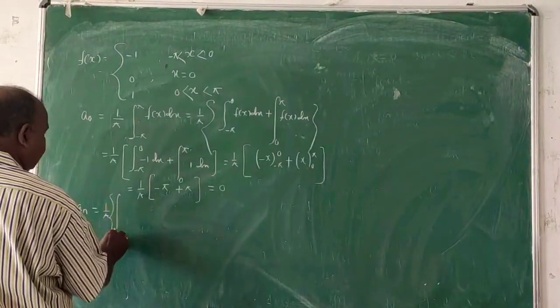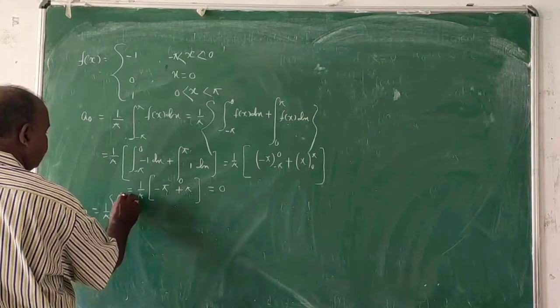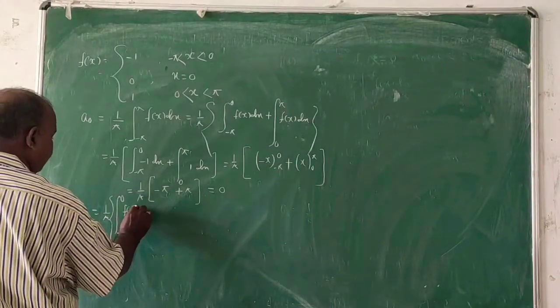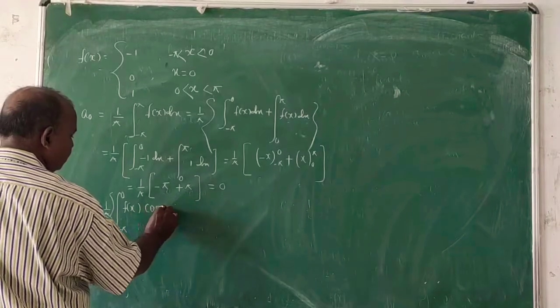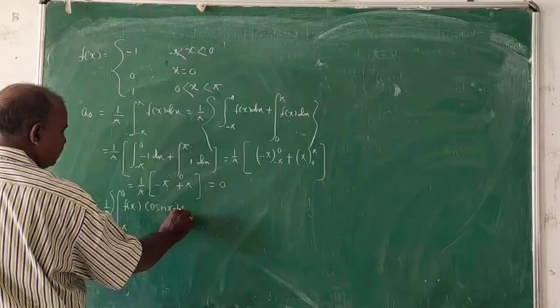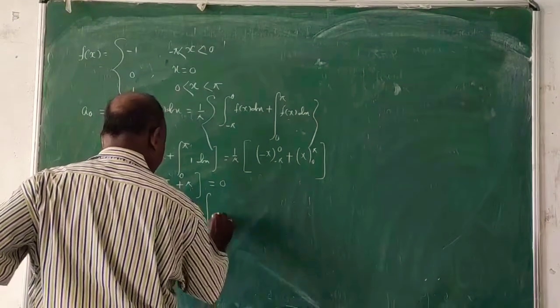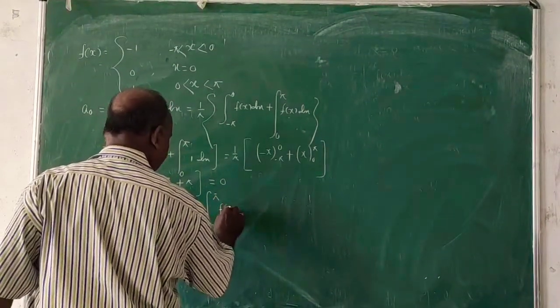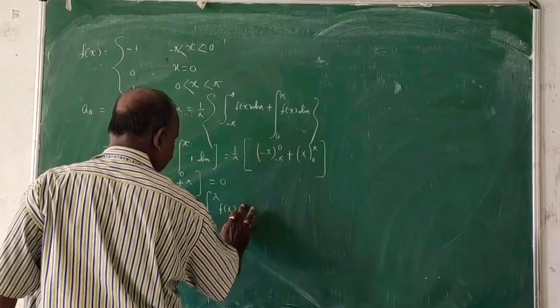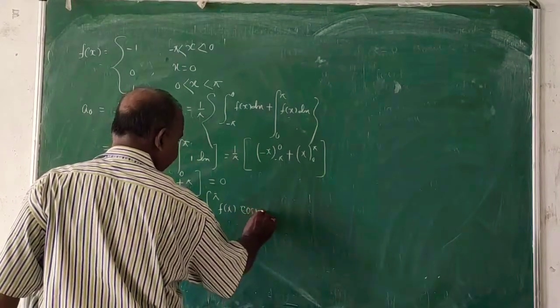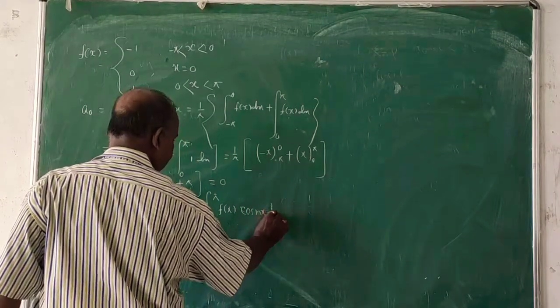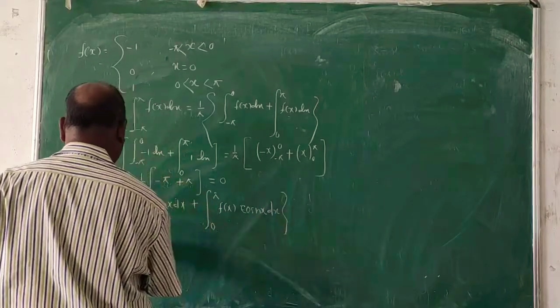And the value of an is 1 by pi into the integration from minus pi to 0 of f of x cos of nx dx, plus the integration from 0 to pi of f of x cos of nx dx.